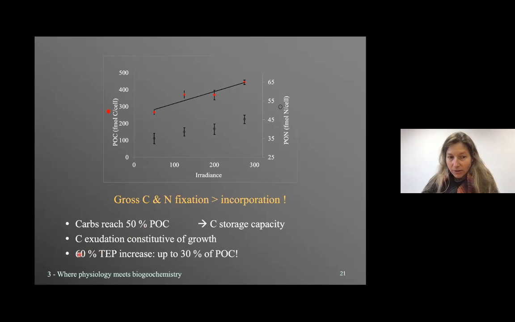And last, this carbon exudation that happens at all irradiances eventually turns into TEP in the environment. And so the TEP in the higher irradiances tested reached almost a third of the total organic carbon. That's an interesting thing to think of, because usually the bigger cells are considered to be significant providers of carbon for their environment.